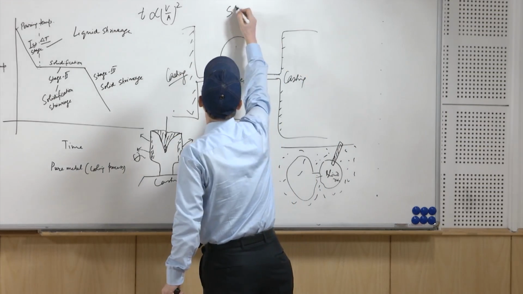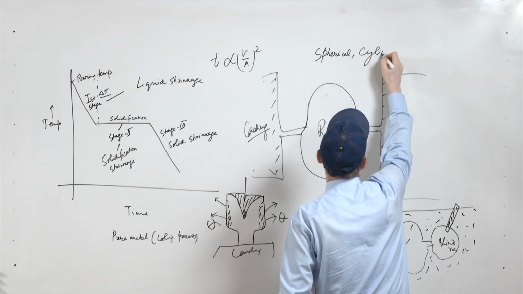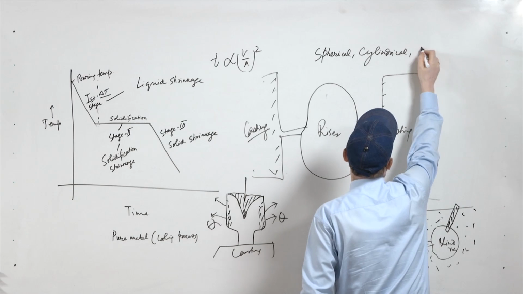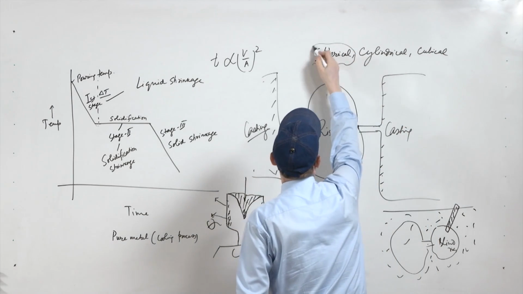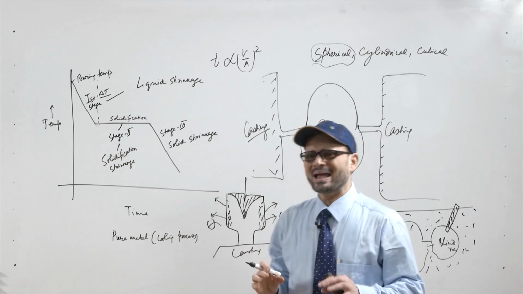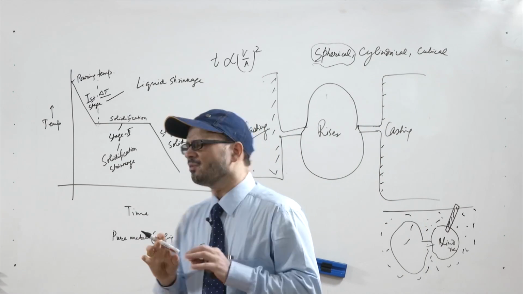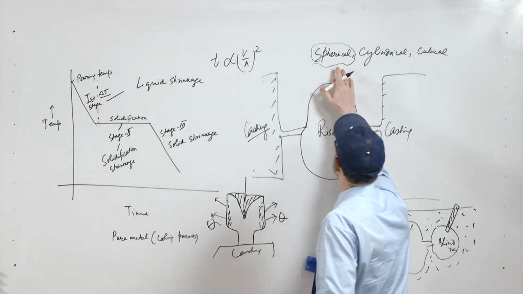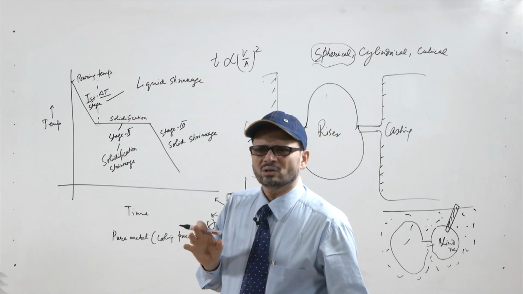You may have spherical shape, cylindrical shape, or cubical shape, but among these three shapes, the spherical shape has the maximum V by A for a particular volume, or for a typical size the spherical shape has the minimum surface area.